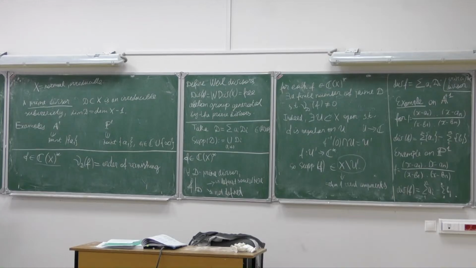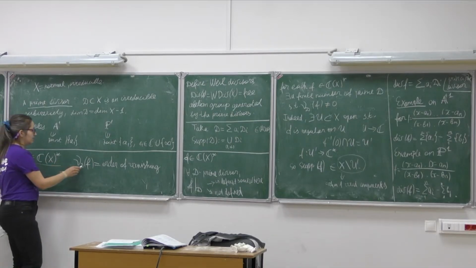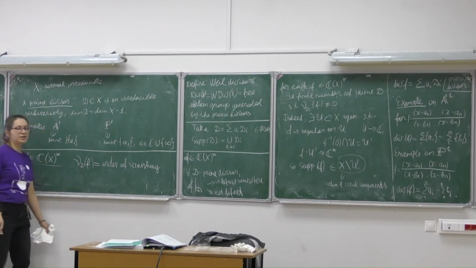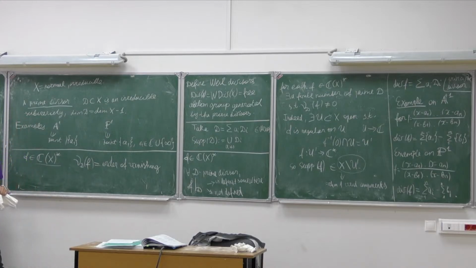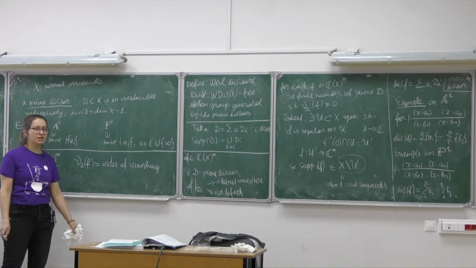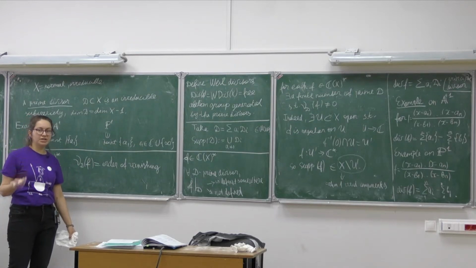I think that in any case, if we try to prove all this stuff, there are some steps which we do not prove. In this case, we can say that the divisor D is defined by a prime ideal, and then this is just the localization along this prime ideal.